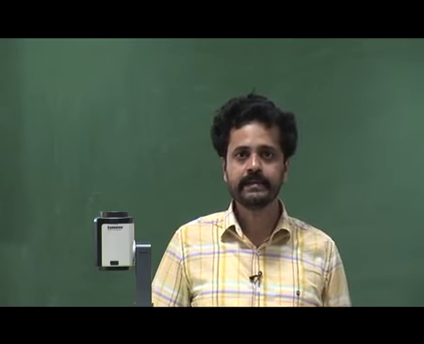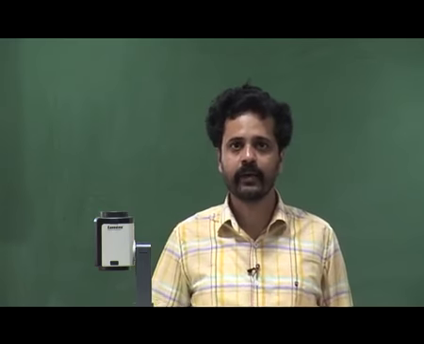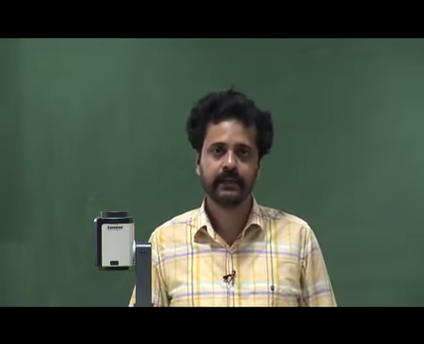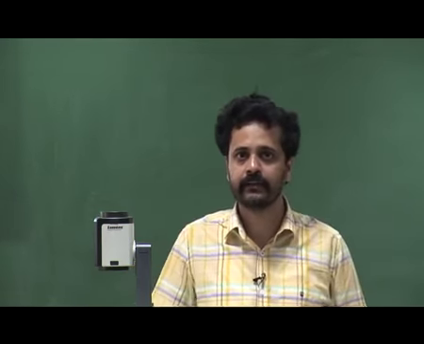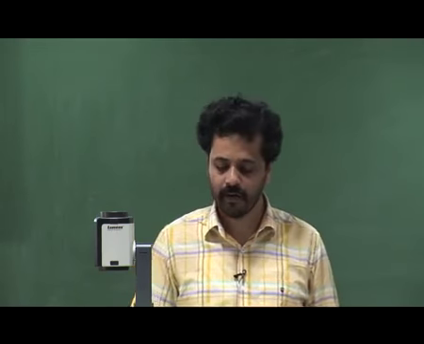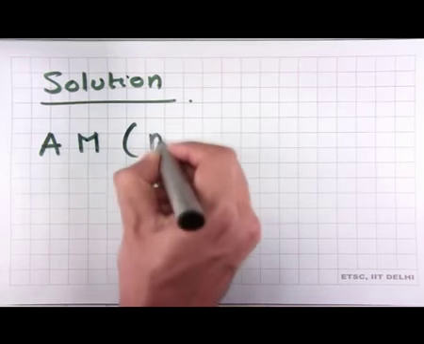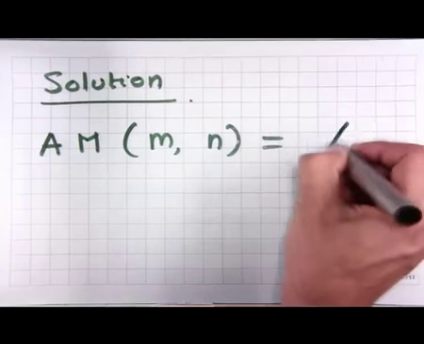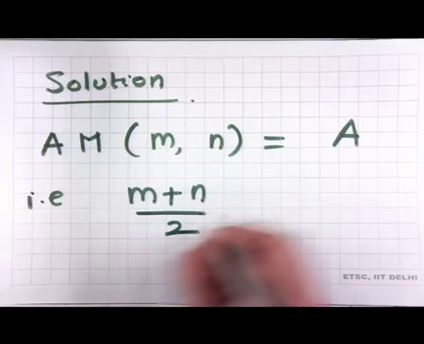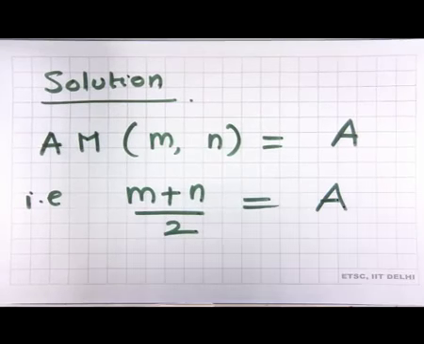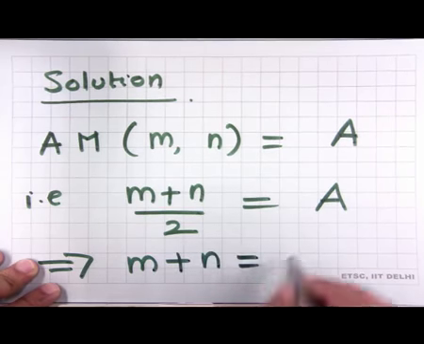Similarly, a, b, c are in GP implies that b square equal to AC, that is b is square root of AC, and square root of AC is referred to as geometric mean of A and C. We are given that arithmetic mean of m and n is A, that is m plus n by 2 is A, which gives m plus n is equal to 2A.